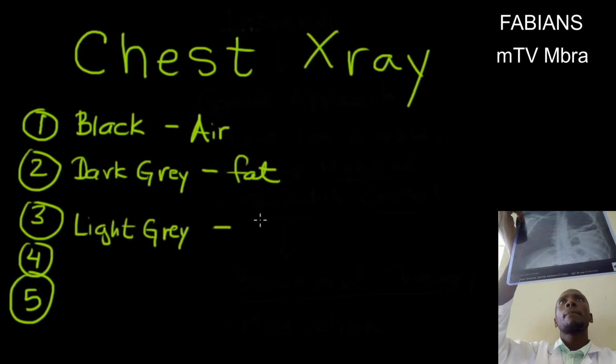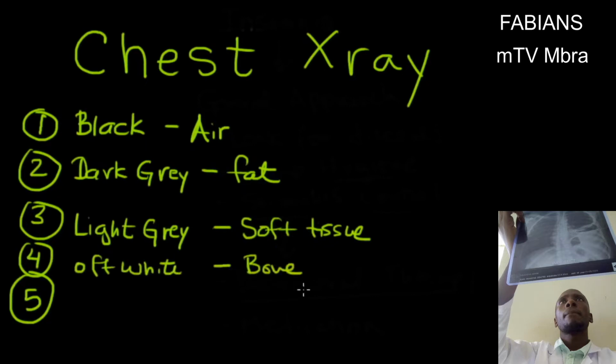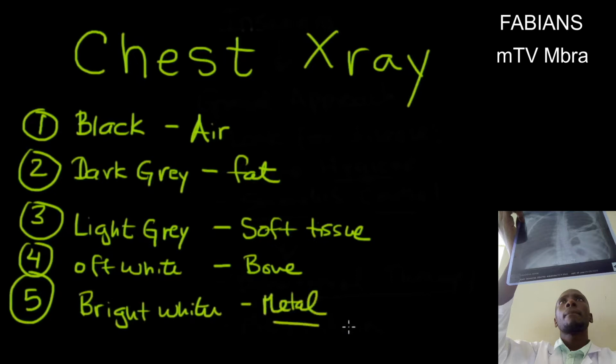Then we have light gray that represents soft tissues like the heart and blood vessels, etc. Then we have off-white. This represents bone. Then we have bright white, which represents metal.